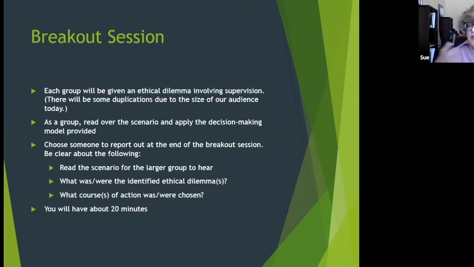And I'm encouraging people, when you get into your group, if there's an ethical scenario or a dilemma that somebody has that they'd rather address, then that's perfectly fine. But in your small group, designate someone who is going to be the reporter out of what you decided the dilemma was, and what course of action you decided would be helpful.